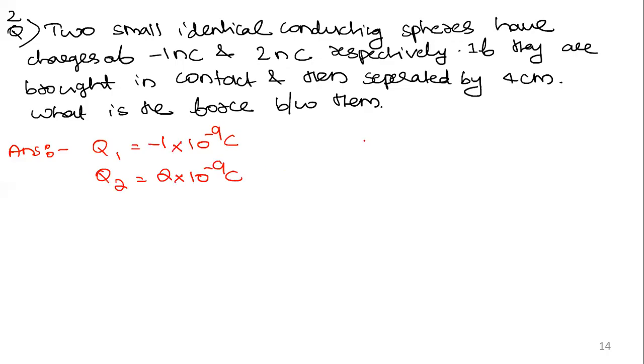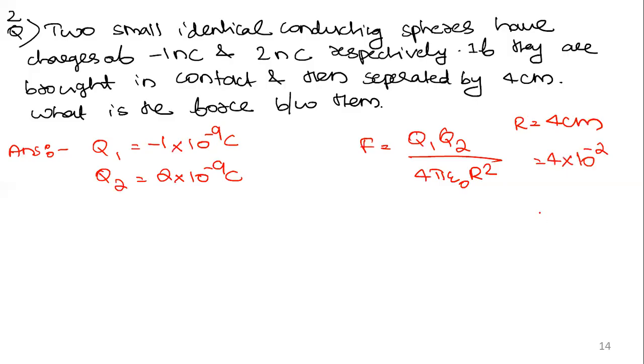So force is equal to Q1 Q2 divided by 4 pi epsilon 0 into r square. So r is given as 4 centimeter, which you should convert to meter: 4 into 10 raised to -2.